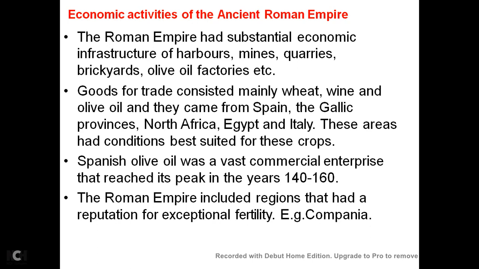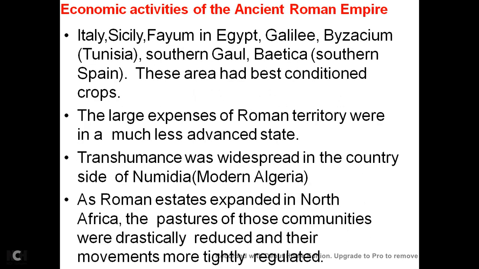For example, Campania in Italy, Sicily, the Fayum in Egypt, Galilee, Belgium, then southern Gaul, called Gallia Narbonensis, and Baetica were all among the most densely settled and the wealthiest parts of this empire.